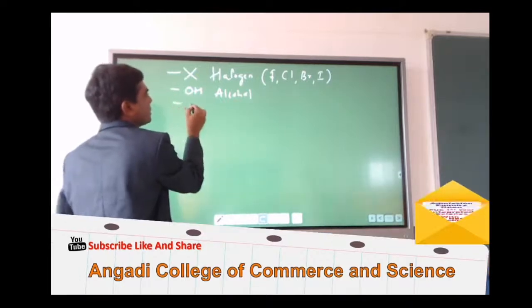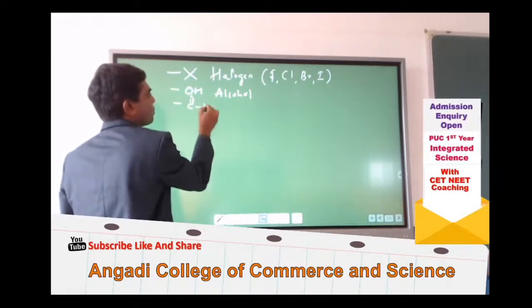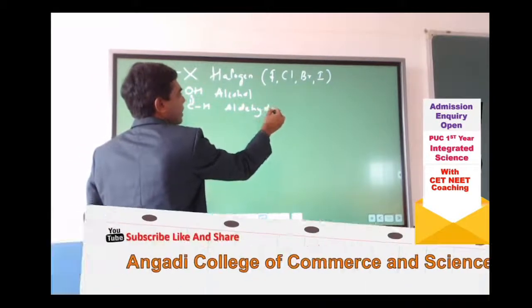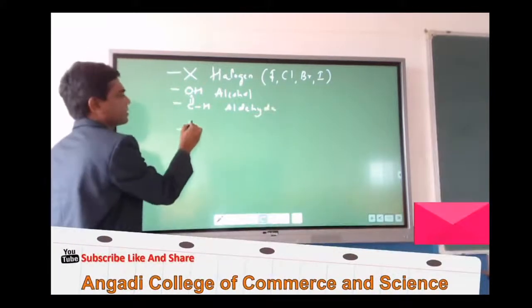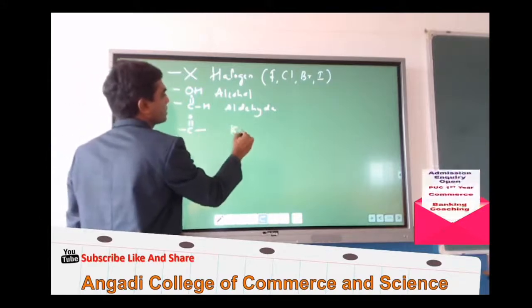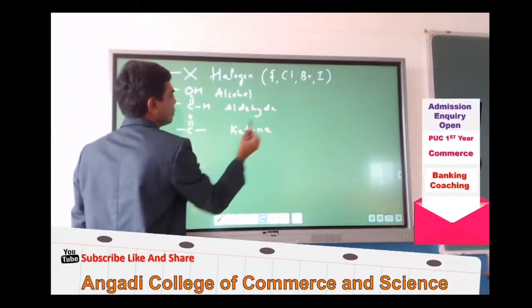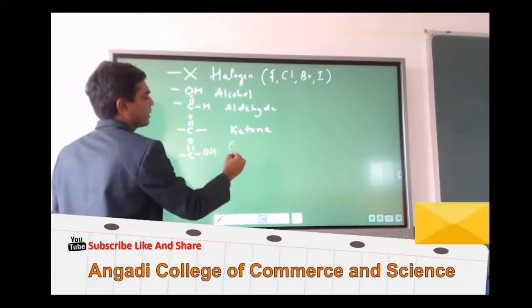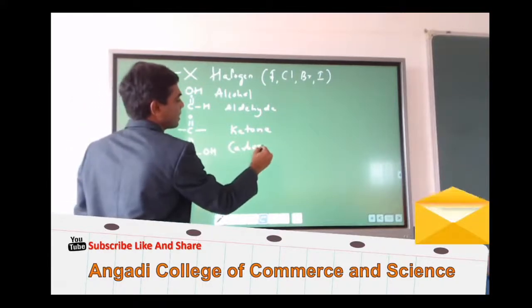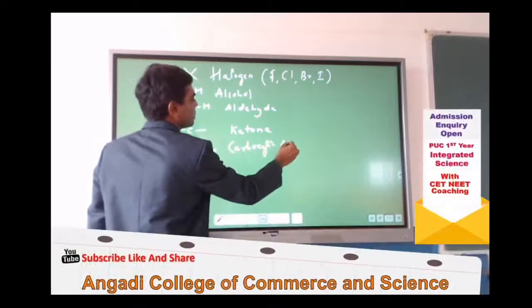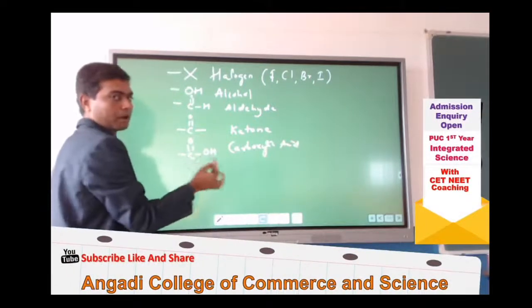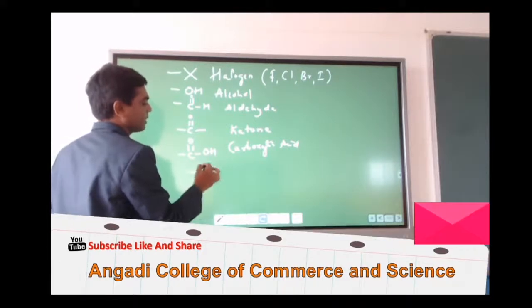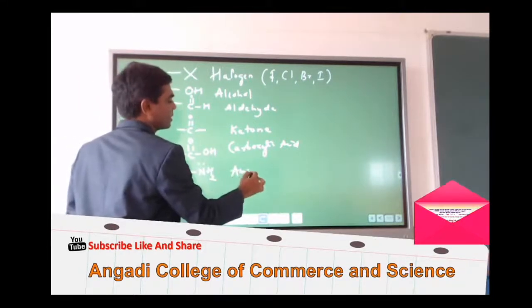Next is dash C double bond OH, which is called aldehyde. Next is dash C double bond O dash, which is called a ketone. And the last two are carboxylic acid. So these are the different functional groups which come in the organic part. And the last one is NH2, which is called an amine.